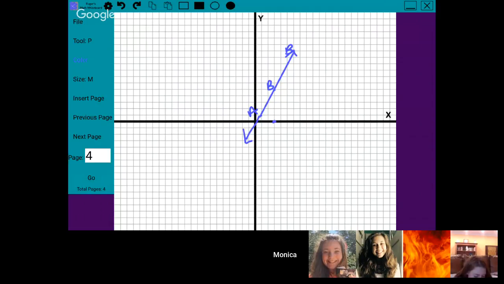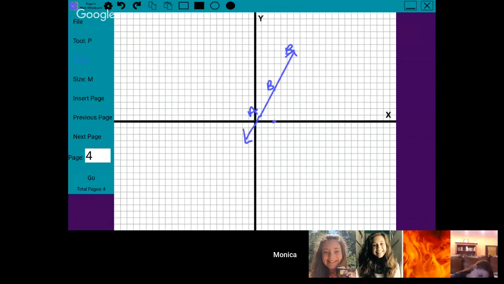So how do we figure out the slope of AB then? Yep, that's right. You have to find the coordinates of the points and then plug those into your formula, y2 minus y1 over x2 minus x1.